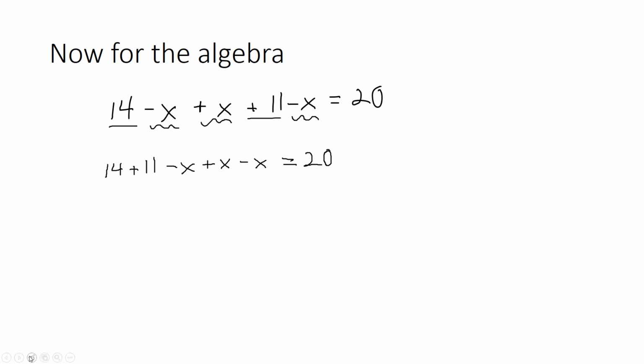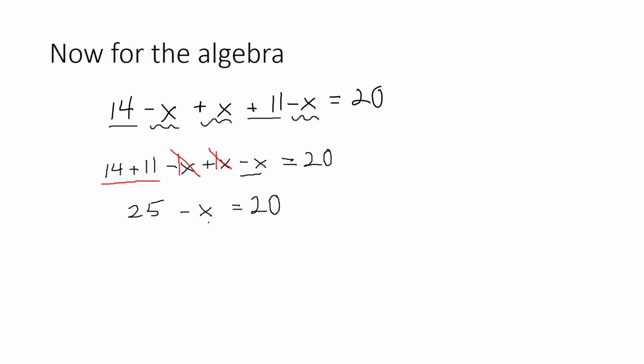Now that we have that organized, we haven't really done anything other than change the order, but we can see right away here, minus 1x plus 1x, those cancel each other out. That's 0. That's gone. Then we can just add up our 14 and our 11, leaving us with 25 minus x equals 20.